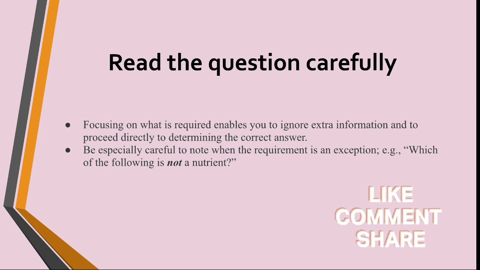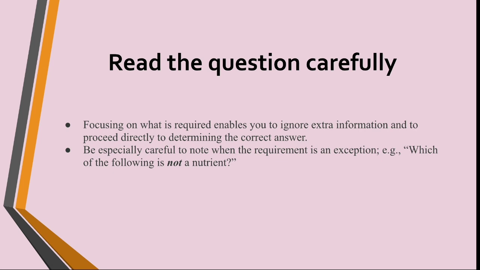Strategy number 3 involves reading the question carefully. So focus only on what is required, and this will enable you to ignore any extra information and to proceed to determine the correct answer. Another thing to note when reading the questions is you want to pay careful attention to keywords or key requirements of a question.